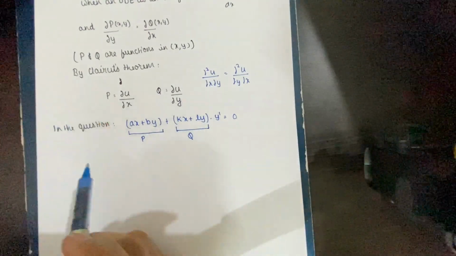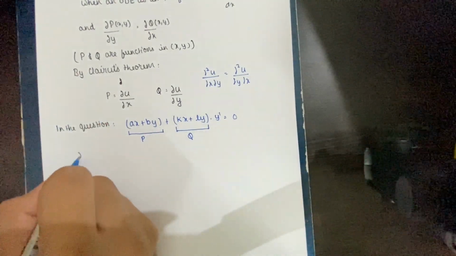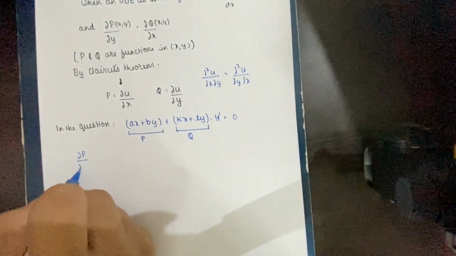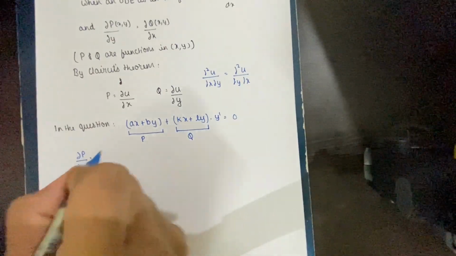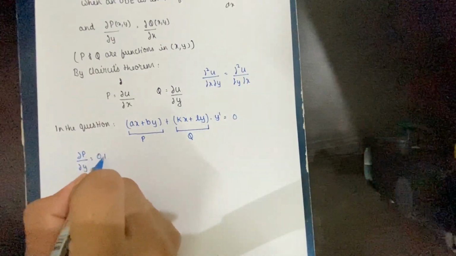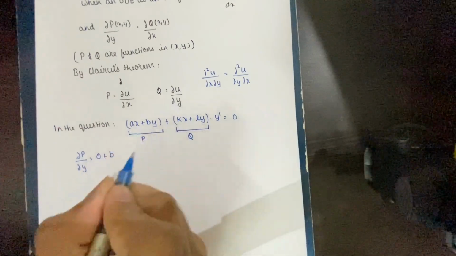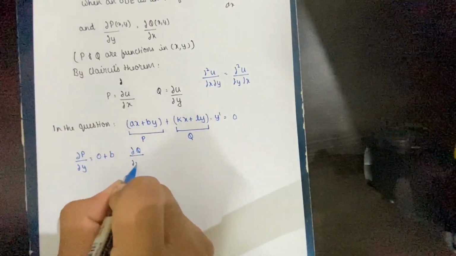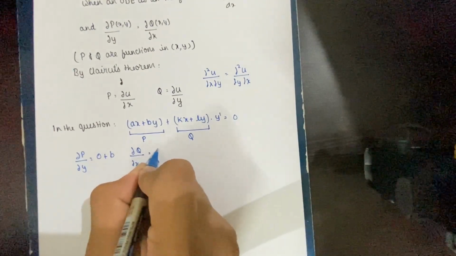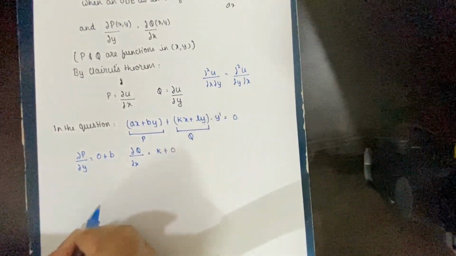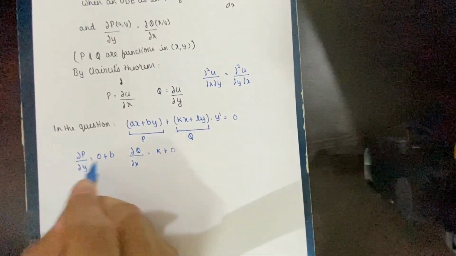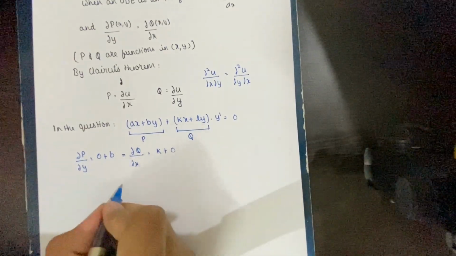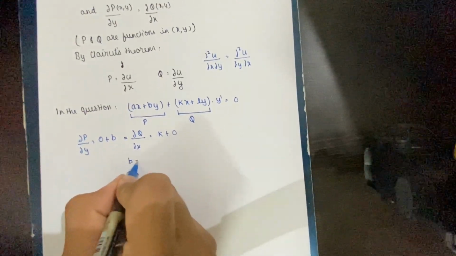So the partial derivative of p with respect to y equals 0 plus b, and the partial derivative of q with respect to x equals k plus 0. Since these two are equal, we have b equals k.